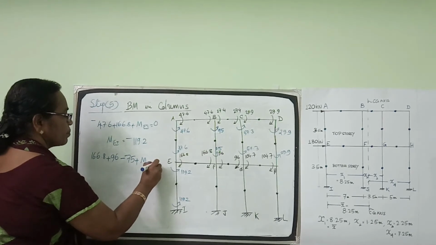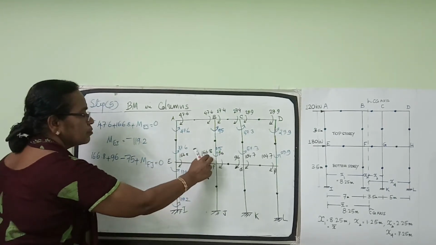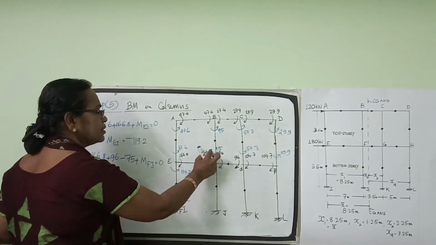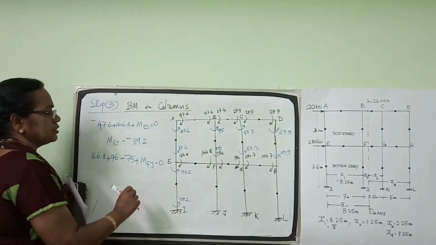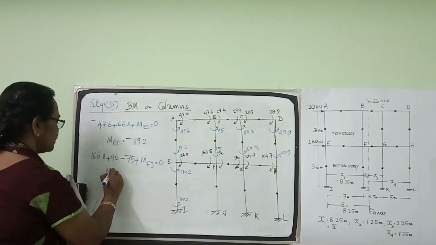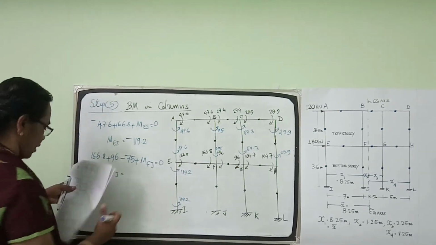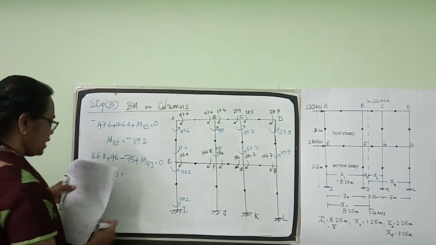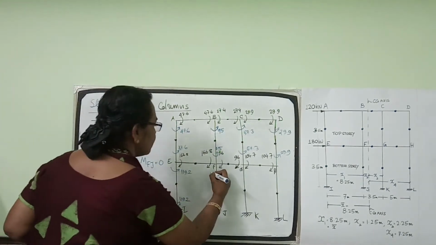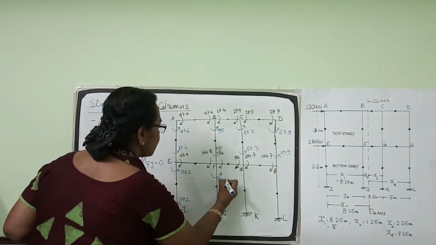Repeat once again. 166.8 and 96 are the beam moments. Both are clockwise. This column moment at the top story is minus 75 plus MFJ equal to 0. From that you get bending moment in column FJ, 187.8. So this will be 187.8.